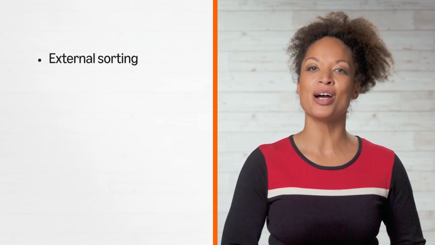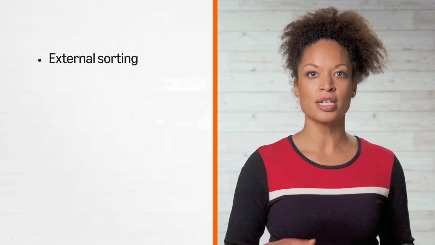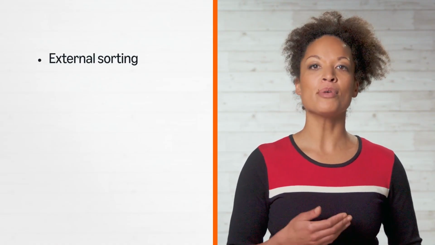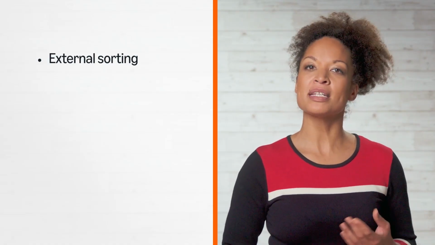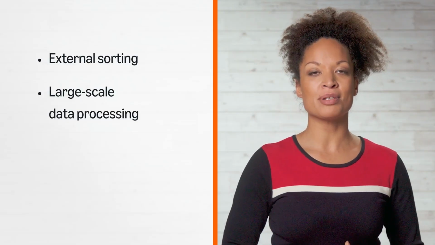Finally, merge sort is also perfect for external sorting, where the dataset is too large to fit into memory. It splits the data into smaller chunks, sorts them individually, and then merges them back together, which makes it ideal for large-scale data processing even when memory is limited.